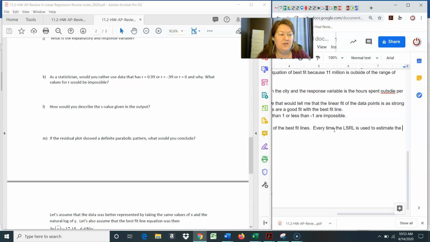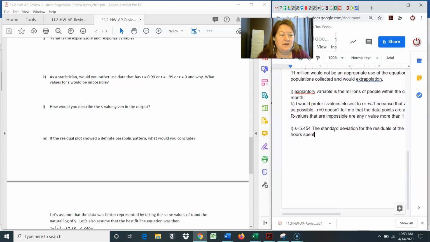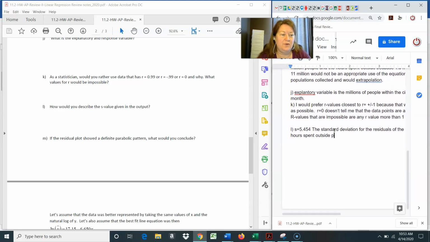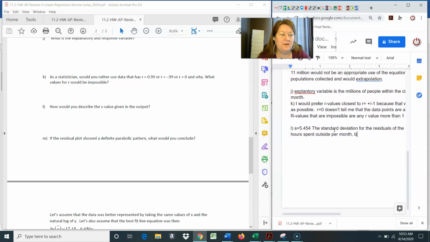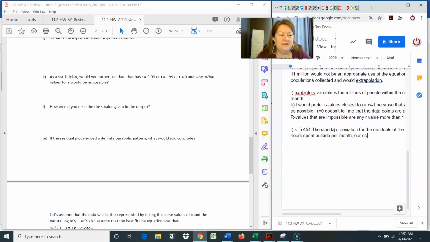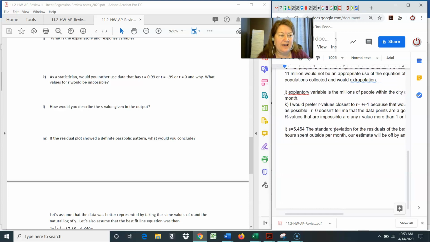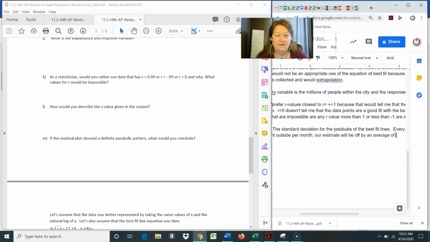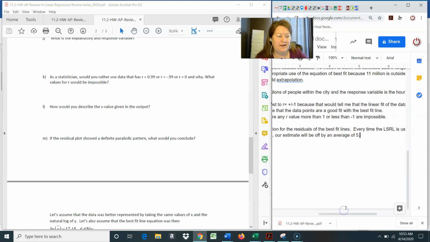Used to estimate the hours spent outside per month, our estimate will be off by an average of 5.454.